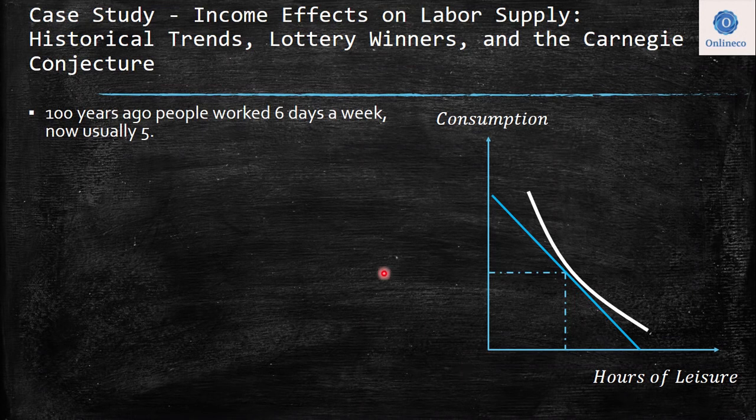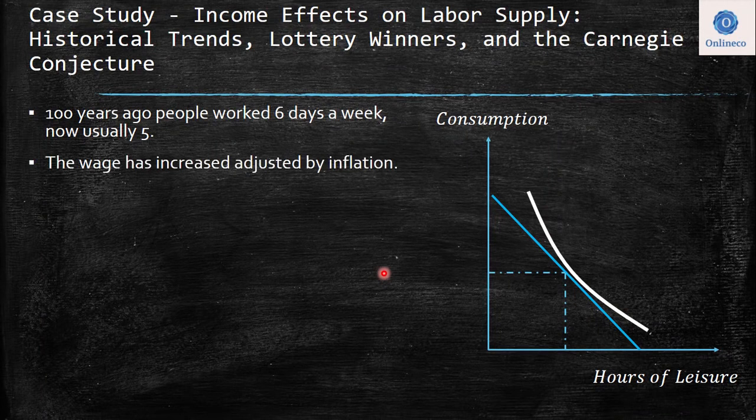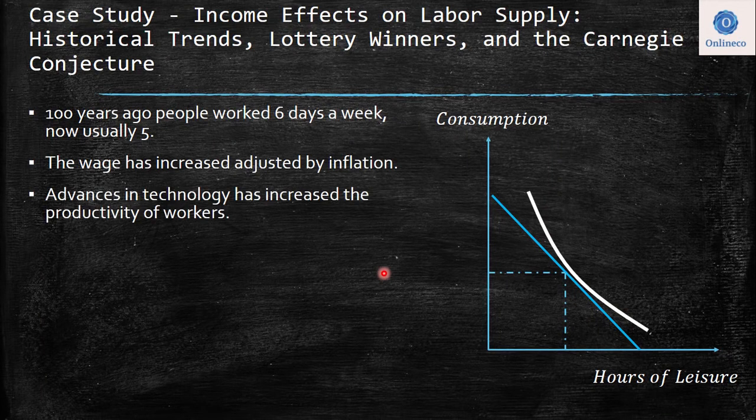In order to understand that, because maybe it's not easy to relate to reality, consider that 100 years ago people worked 6 days a week. And now usually people work 5. The wage has increased, adjusted by inflation. So this is the case.